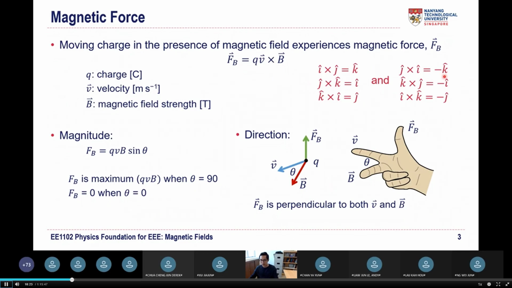Now I'm giving you a list of how the cross product works between unit vectors in x, y, z, the Cartesian coordinates. If you are multiplying a unit vector in the x direction and the y direction, you're going to get a unit vector in the z direction. If you're doing a cross product between the unit vector in the y direction and z direction, you're going to get one in the x direction, and so on and so forth.